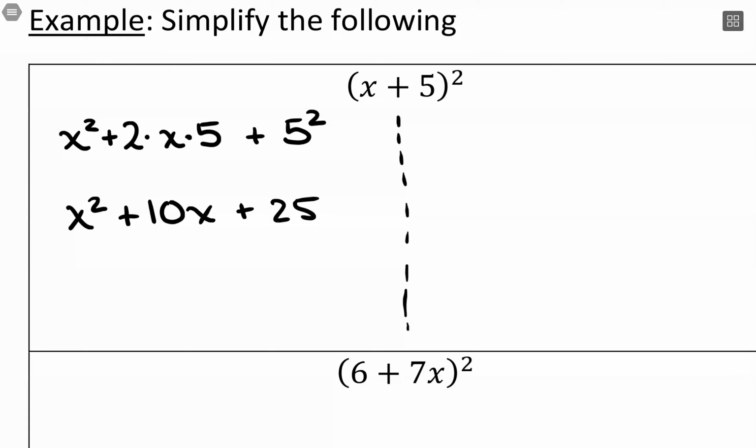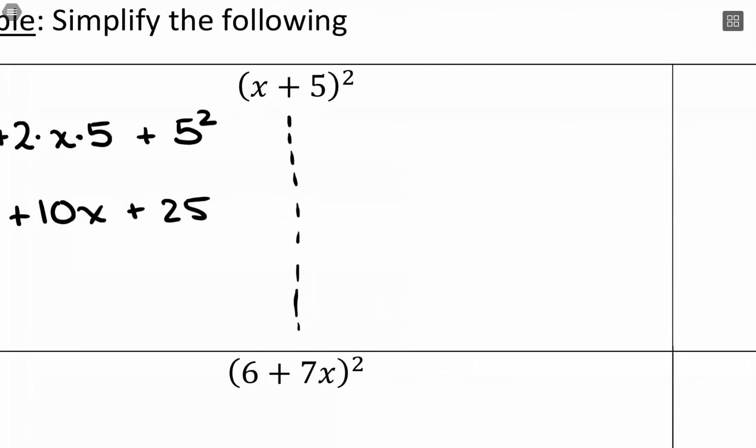What can also help with these, if this rule isn't the most memorable of rules, so if you can't memorize it, that's completely fine, because we can always get there with foiling. What I always recommend doing, and I try to do it in my work as well, is when I see this binomial squared, writing it out, that this is x plus 5 times x plus 5 can be really helpful, because then we know that we should FOIL.